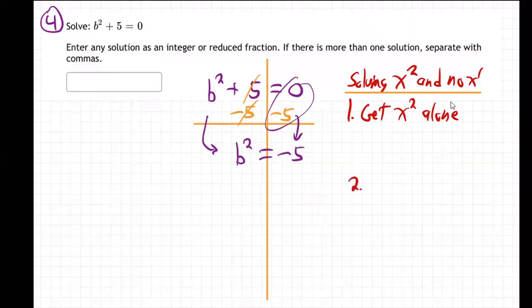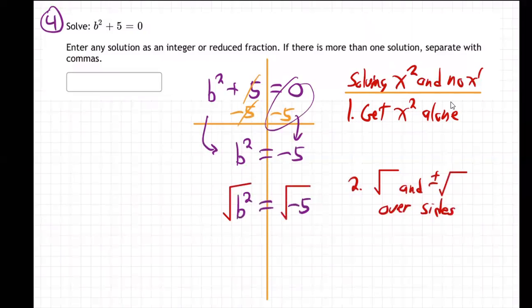Step 2, we're going to put a root and a plus or minus root over the sides. So we take this b squared equals -5, and we put a square root and a plus or minus square root over the two sides.